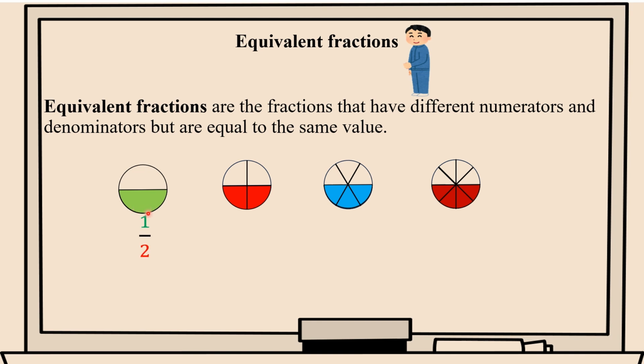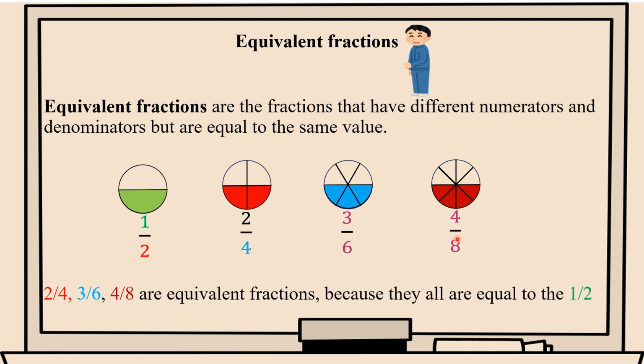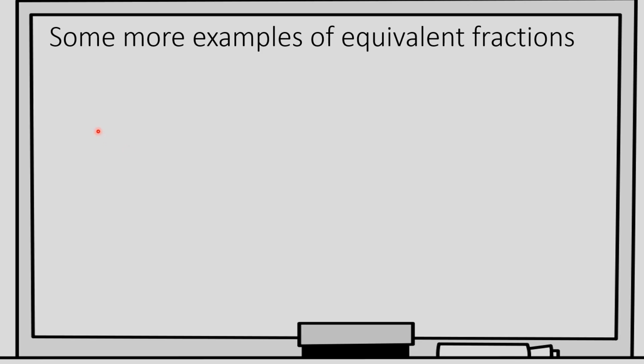Green part 1 by 2, red 2 by 4, next 3 by 6 and 4 by 8. And you know that each of these is equal to half. So 2 by 4, 3 by 6, 4 by 8 are equivalent fractions because they are all equal to 1 by 2.